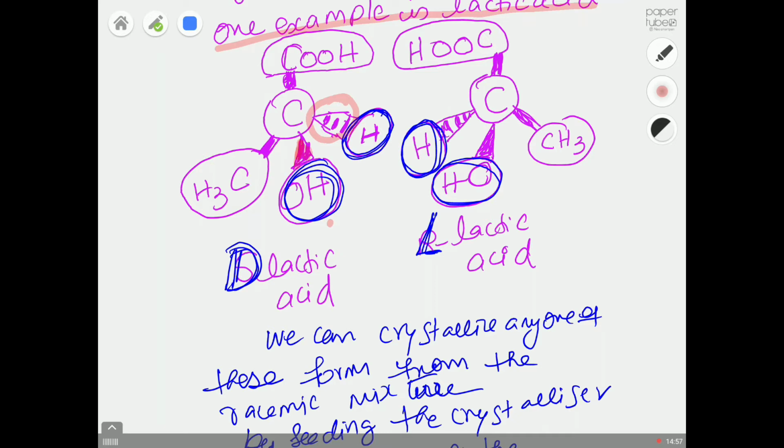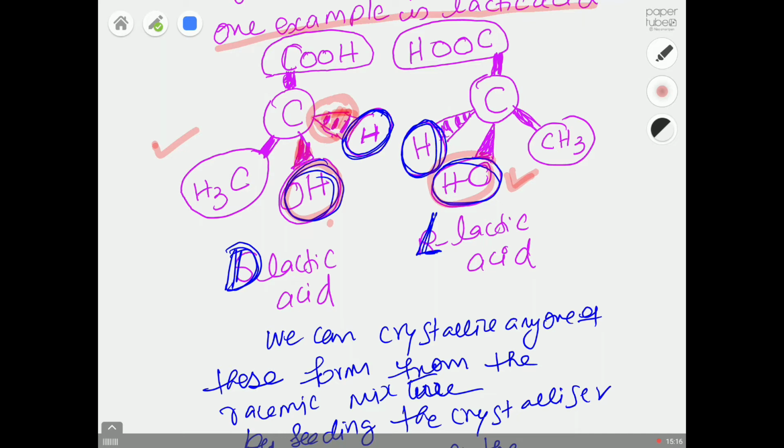So these are the notations used by chemistry people. That's how they draw a three-dimensional object on two-dimensional paper. If you see here, the hydroxyl group is on the right hand side, and in this one the hydroxyl group is on the left hand side.